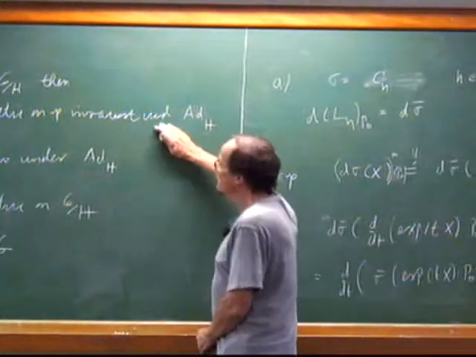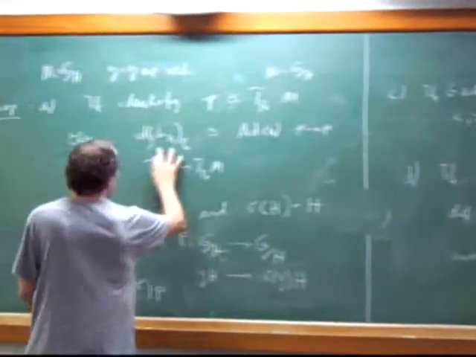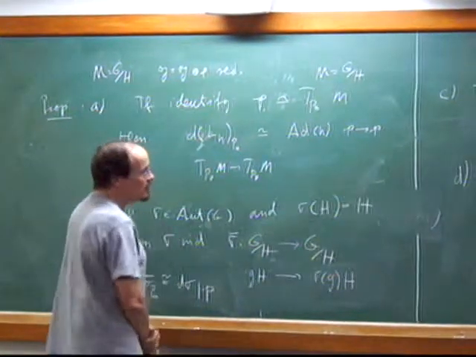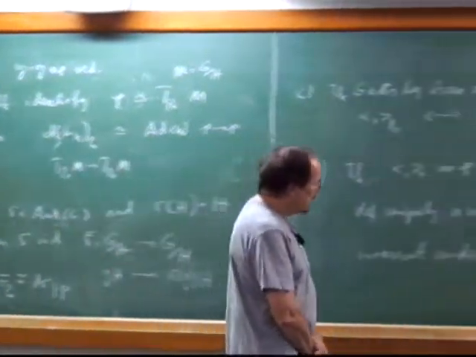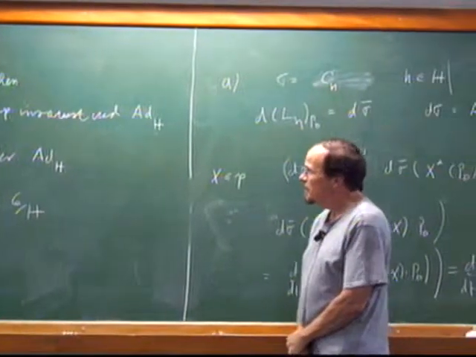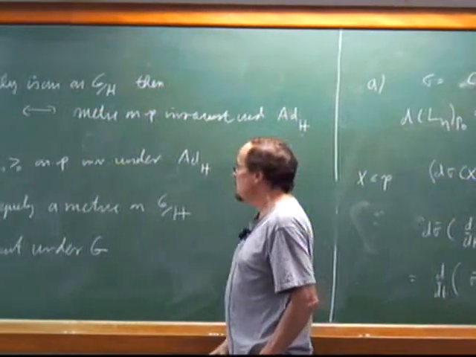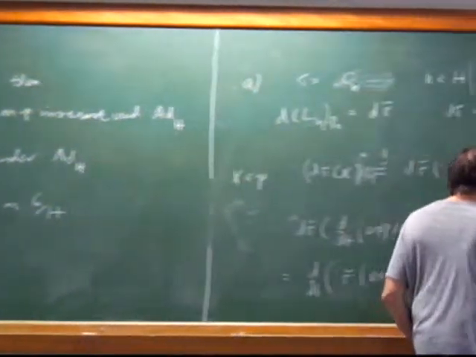C is now obvious, like I said, right? Isotropy acts by isometries, therefore Ad H acts by isometries. And D is something we may have discussed before also. Right? I have an inner product on P. Let me write it down again.